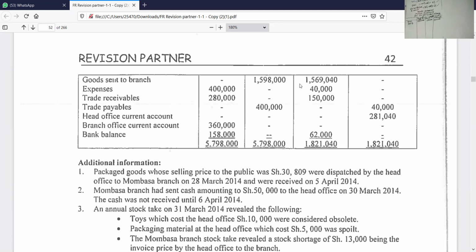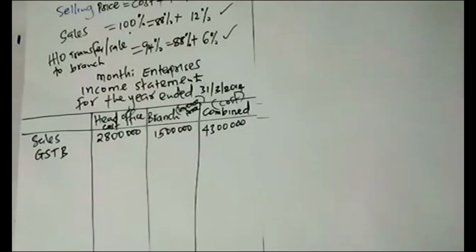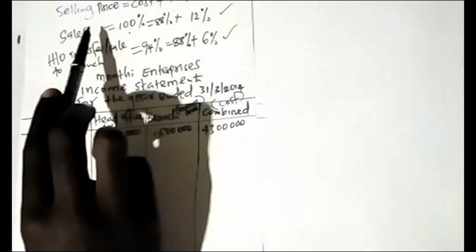And we know that goods sold to the public are sold at 100%. That is why I talked about these percentages.